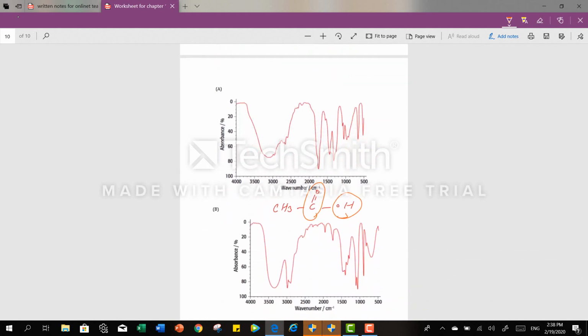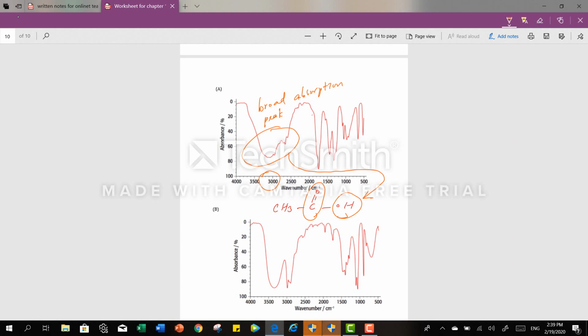Now, for this one, it has a very broad peak. Can you see that? We call it an absorption peak. It goes down and then you can see the trough because it's being absorbed at this part. A broad absorption peak around 3000 tells you that it contains an OH group.